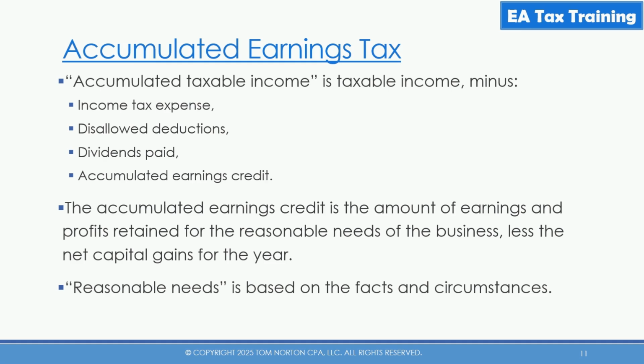So what is it? It is the amount of earnings and profits that are retained for the reasonable needs of the business, less the net capital gains for the year. And the reasonable needs of the business is going to be based on the facts and circumstances. So, for example, let's say the corporation has a large debt that is coming due in the next year or two.